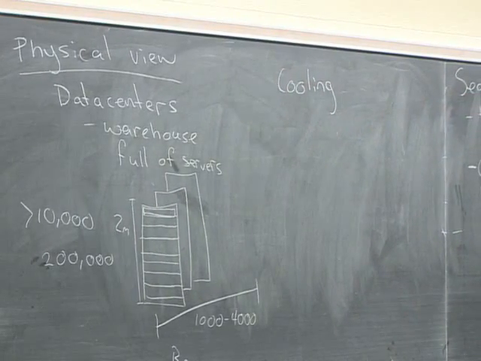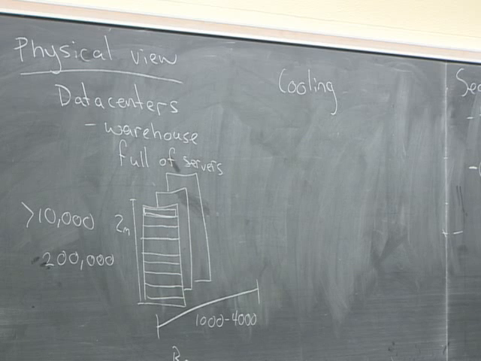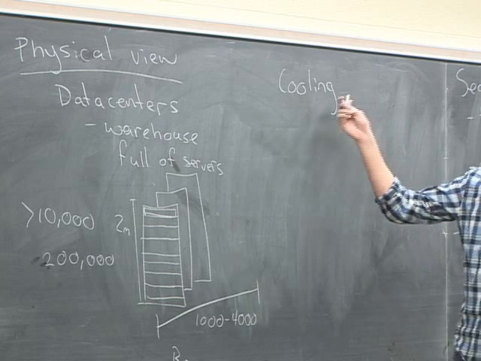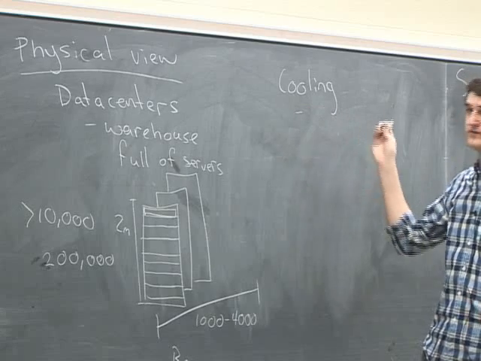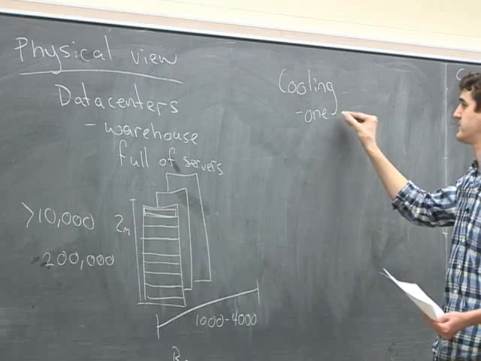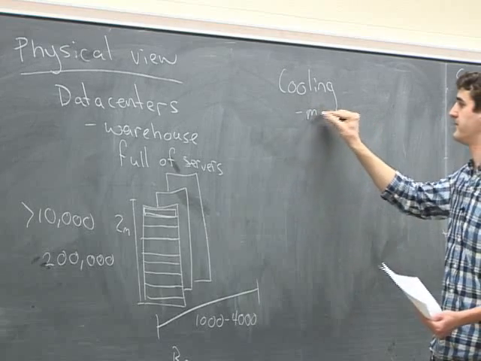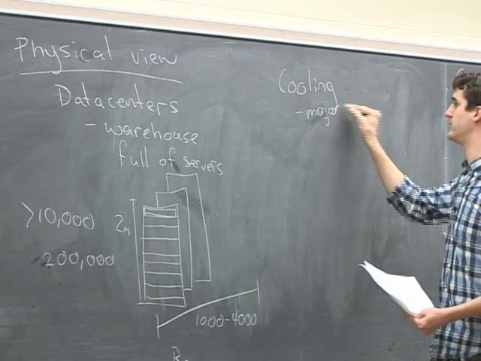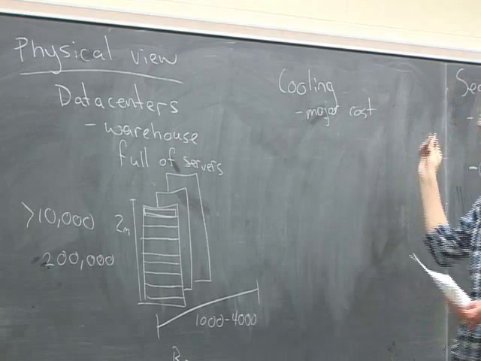If you've ever had a computer under your desk at your feet, it's a good foot warmer, right? So if you have 200,000 of these in a building, you need to cool it. Cooling is often very expensive. It's one of the major costs of these data centers.